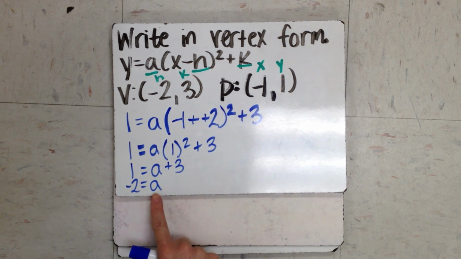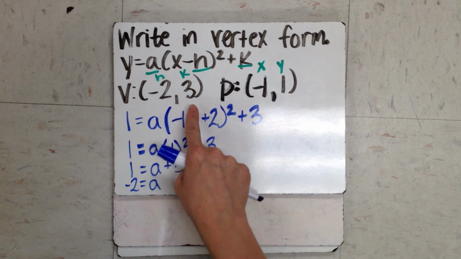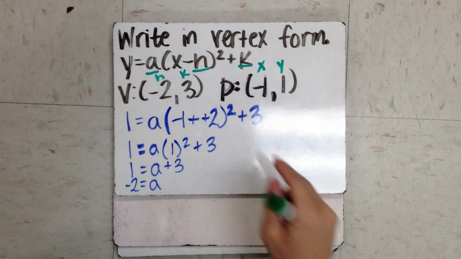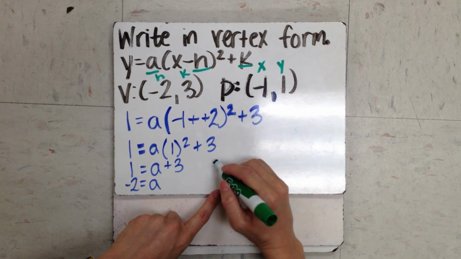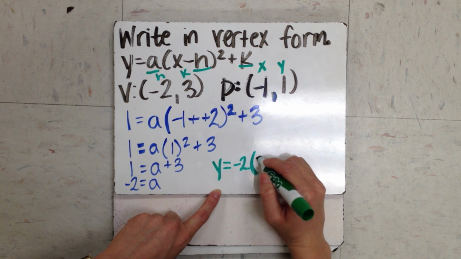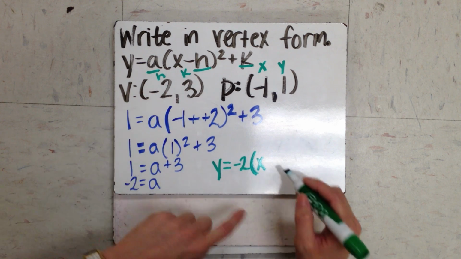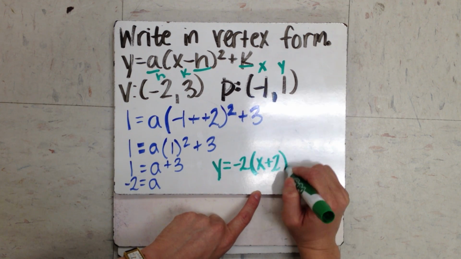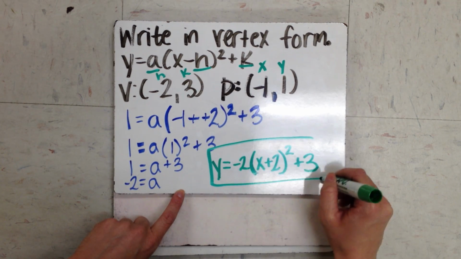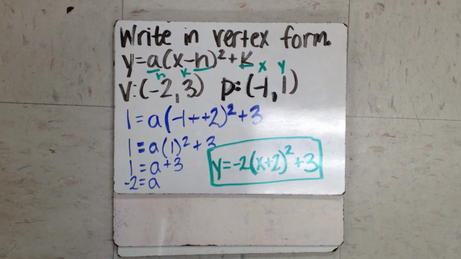And now we have our a, h, and k values, and we can substitute those in to find the equation for that quadratic with that given vertex and that given point. So this equation will be y equals -2, open parentheses, x minus -2, which we talked about as plus 2, squared, plus 3. So that is your answer: y equals -2(x plus 2) squared, plus 3.